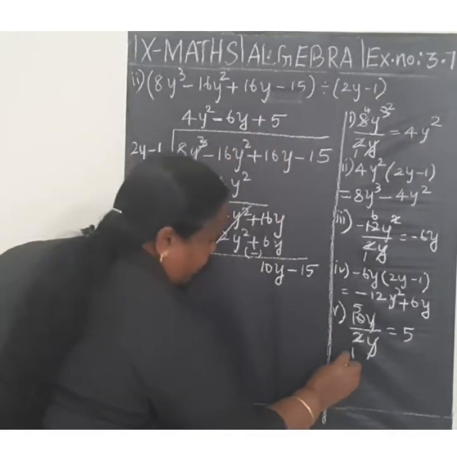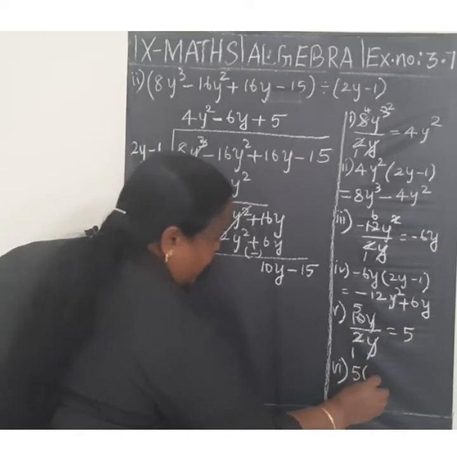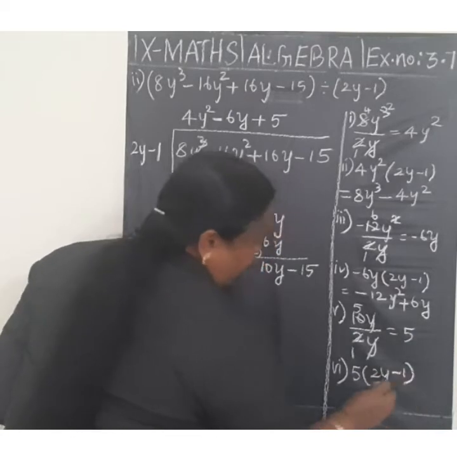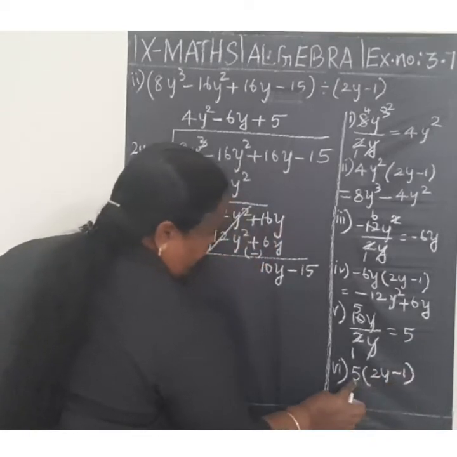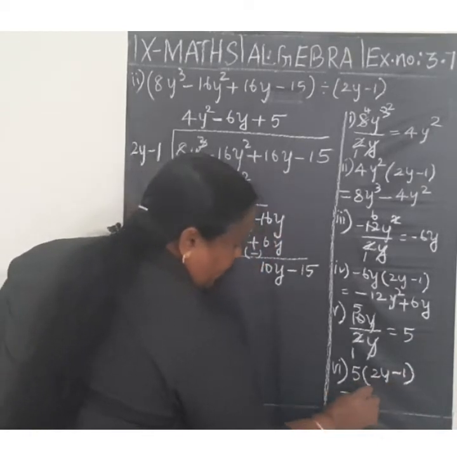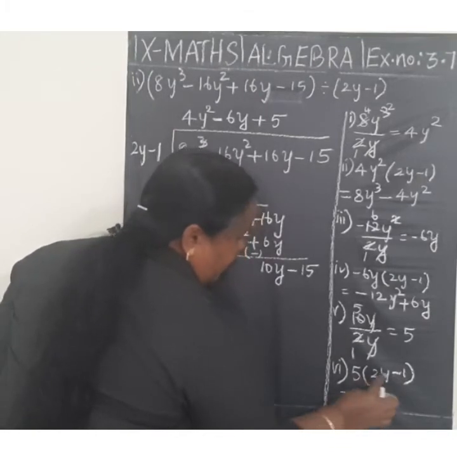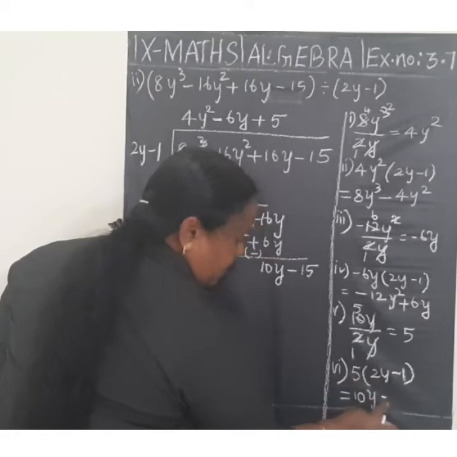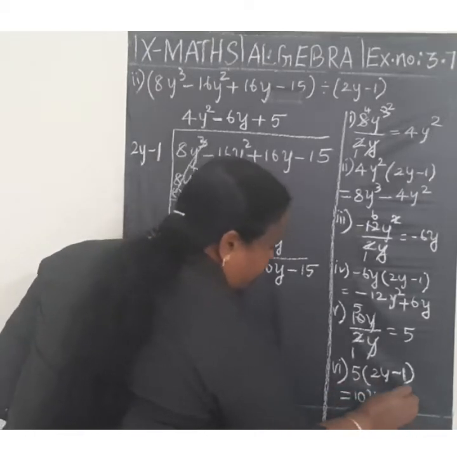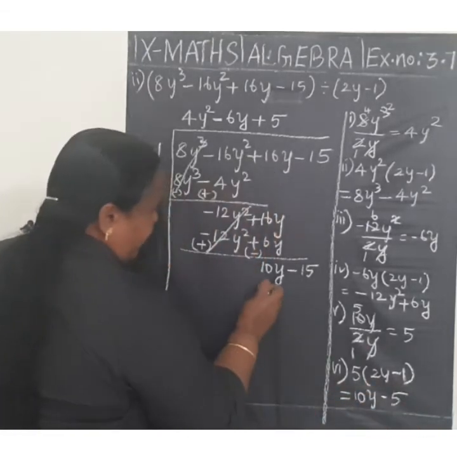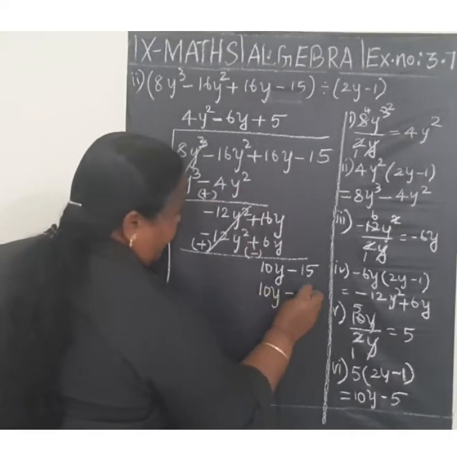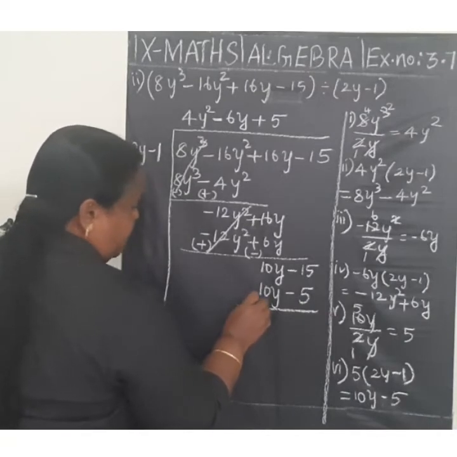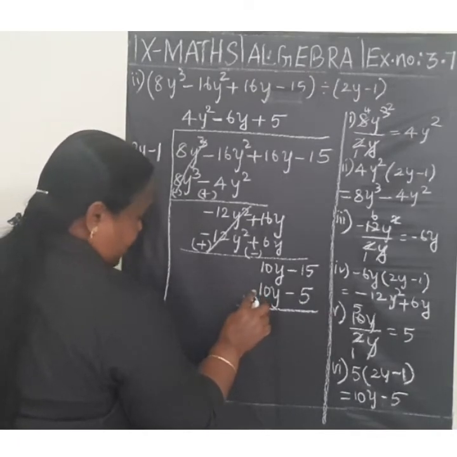Now we multiply this 5 with the divisor 2y minus 1. 5 into 2 is 10y, and plus into minus, minus 5 into 1, 5. So 10y minus 5. Now we have to subtract it. For that we have to change the sign, so here the plus sign we have to consider.